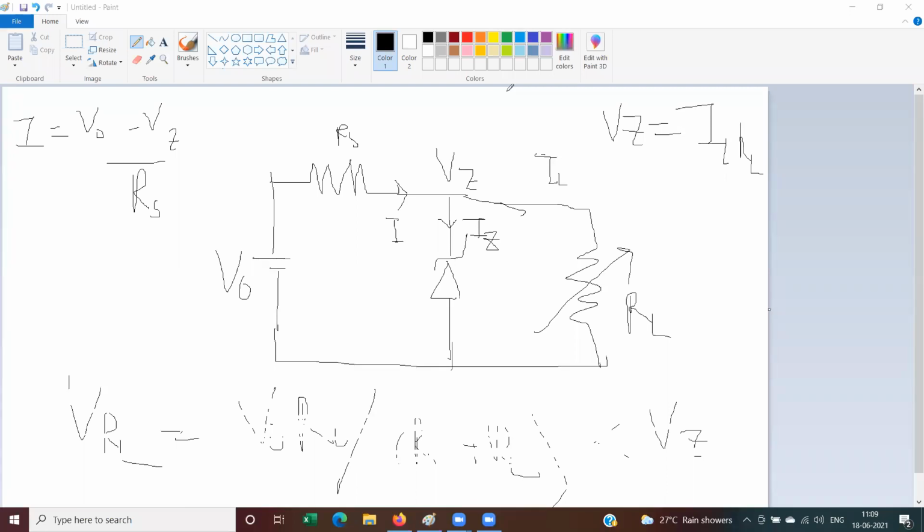A voltage of 1 volt is dropping across a resistor. If the resistor value is 1K, what would be the current I? 1 volt is dropping across a 1000 ohm resistance. So what is the current? Tell me Ohm's law.